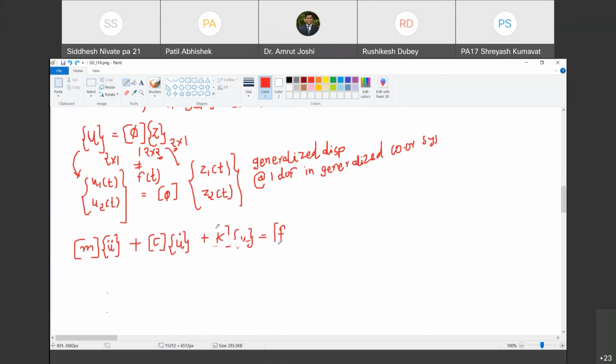Of course, f is a function of time, but this is the matrix f. Happy? Now I'm going to apply this substitution. So what is the substitution that I'm going to make? I'm going to call this U matrix as phi times z. Are you with me?